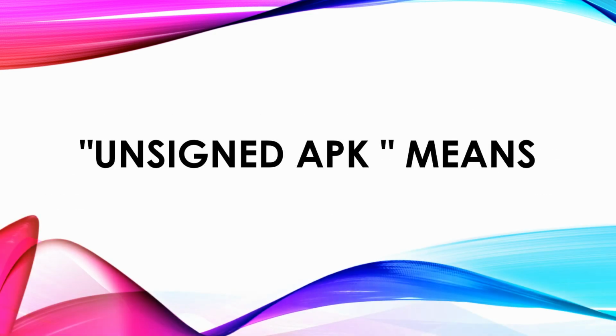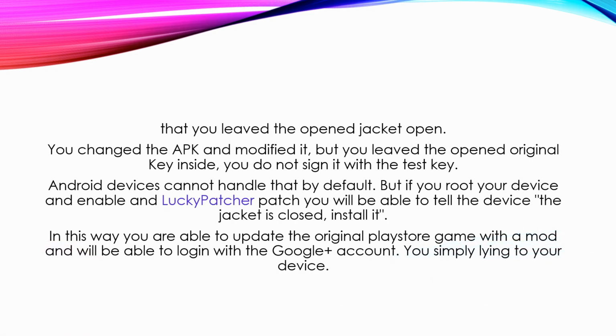Now, what's an unsigned APK? Well, it's the same example, but this time we keep the original signature, and there are some methods with Lucky Patcher so that Google thinks that the APK was not modified, that it is directly original from the game, originally downloaded from the Play Store with the same signature.